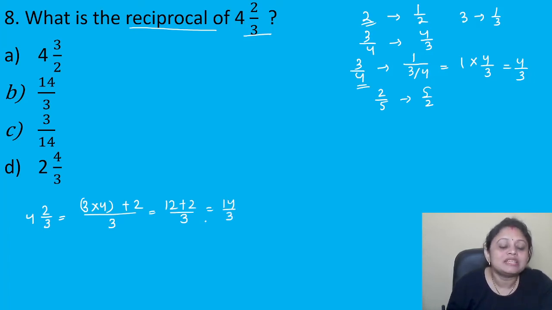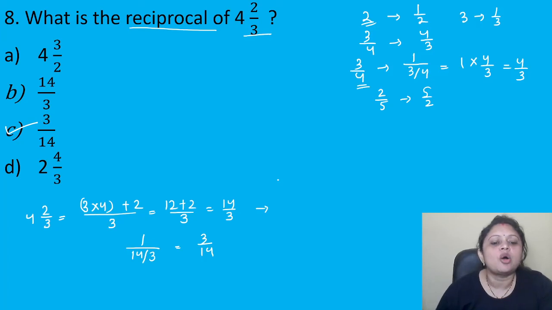So the reciprocal of 14 by 3 should be 1 divided by 14 by 3, that is equal to 3 by 14. Okay, let us check 3 by 14. It is present in option C. That's why option C is the correct answer. Got it?